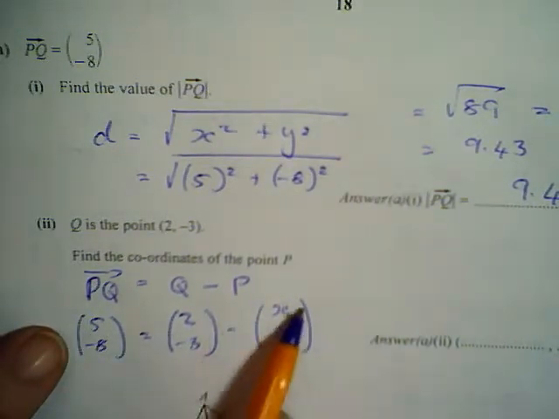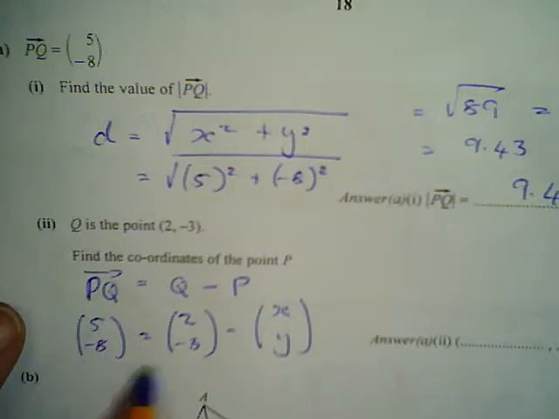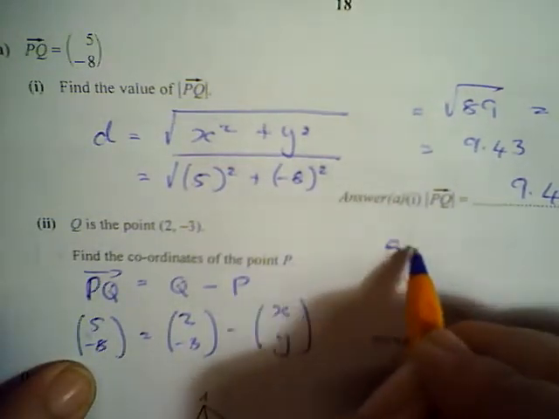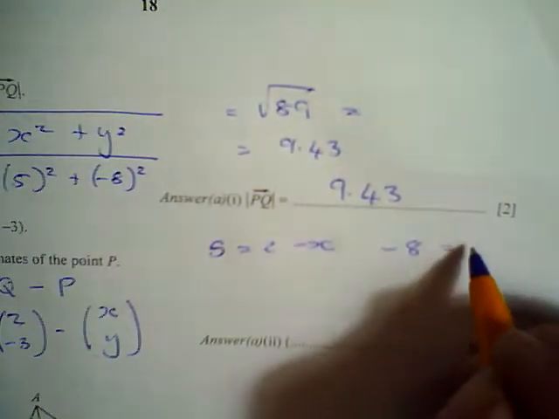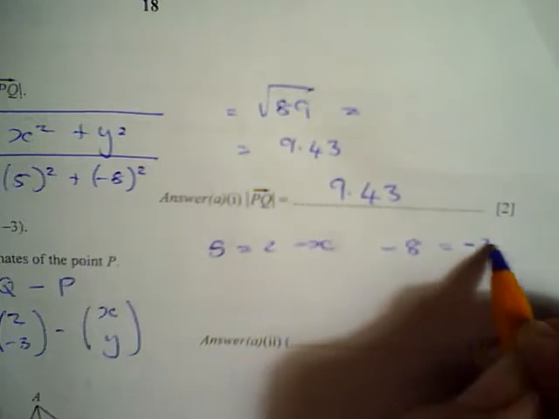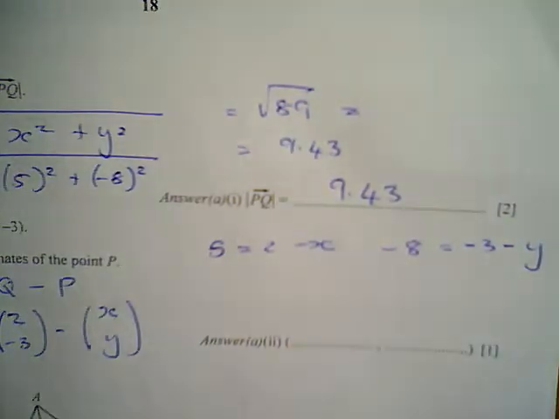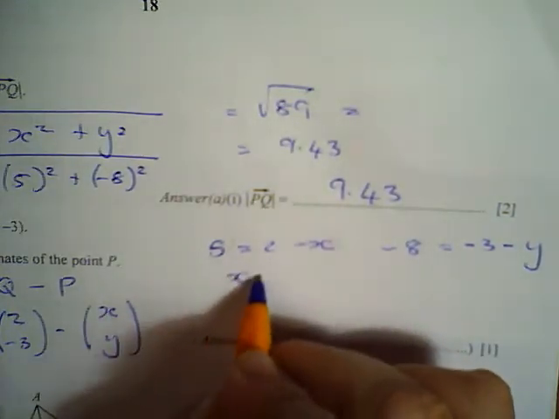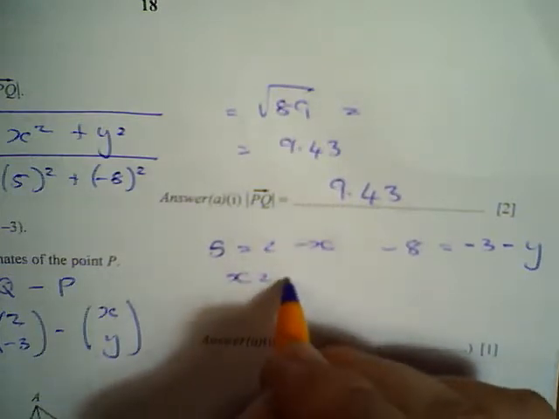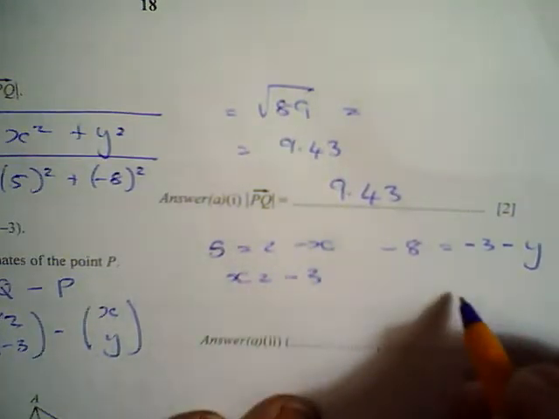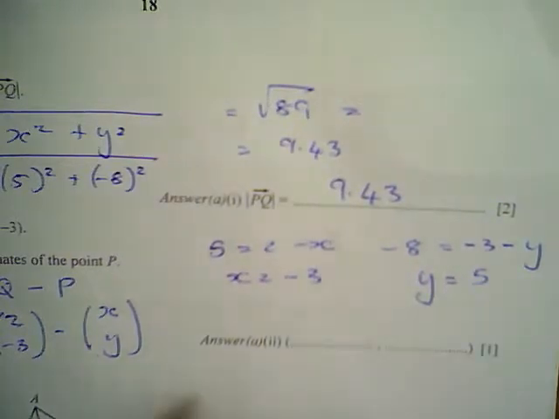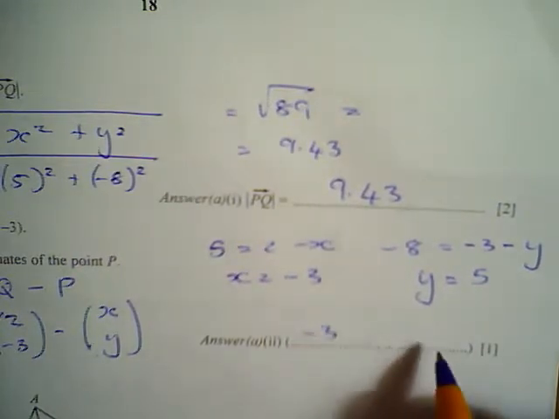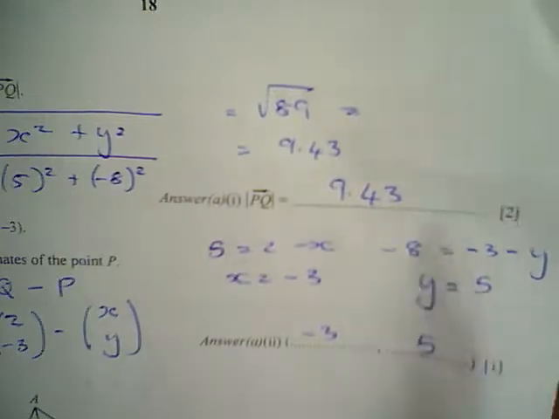So now I've got two equations. 5 equals 2 minus x, and negative 8 equals negative 3 minus y. And I can solve there for x. If I solve for x, I get negative 3, and I solve for y, I get 5. So this point P is (negative 3, 5).